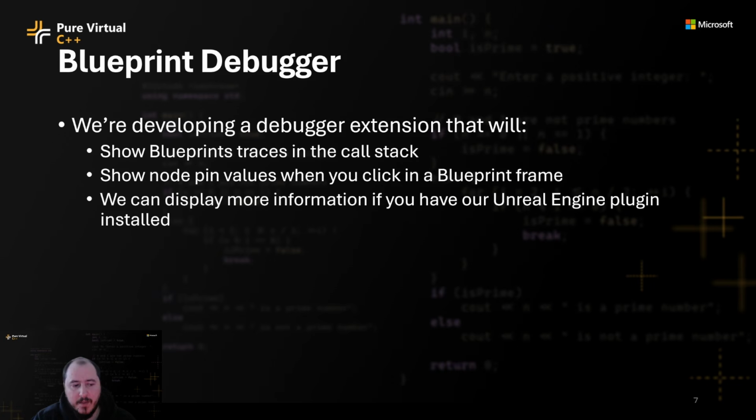If you don't have the plugin, basically you're going to see less information and not very detailed stuff. But if you have the plugin installed, then you're going to use the full potential of the Blueprint Debugger. I'll show this in action in a demo right now, so please come with me to see how this experience looks like.